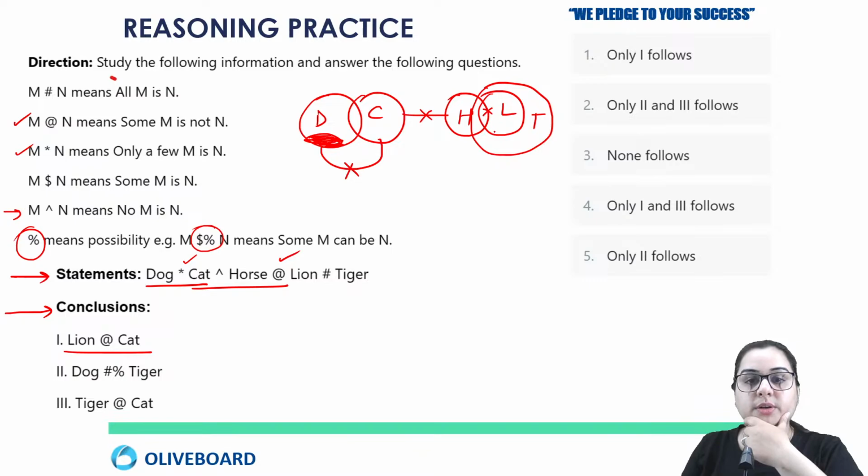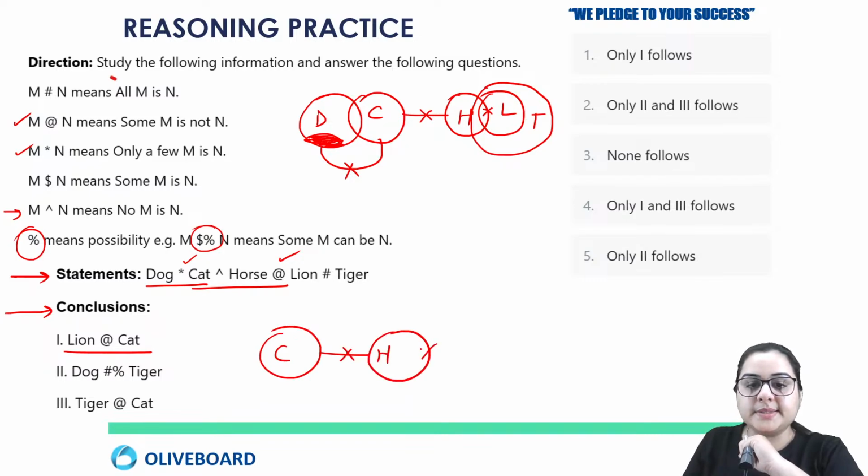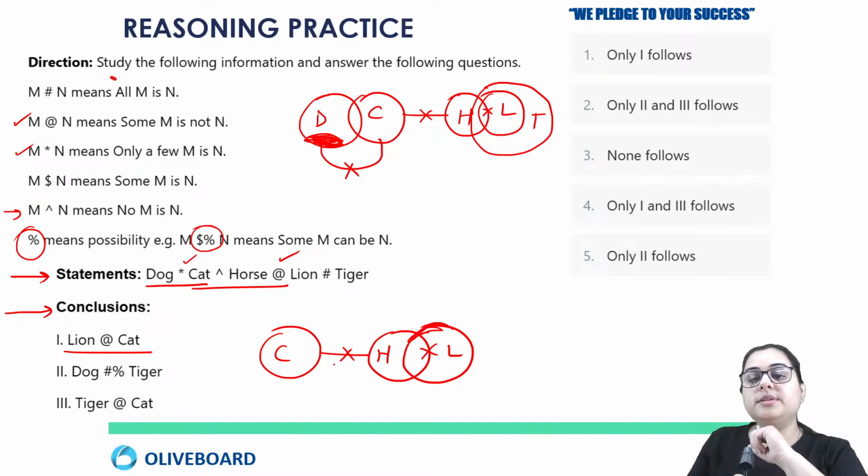Students, be very sure, because here he is asking definitely, not possibly, that some lion is not cat. Now I'll just mark it. Now you have some cat is H and some H is not lion. So he's saying some lion is not cat.